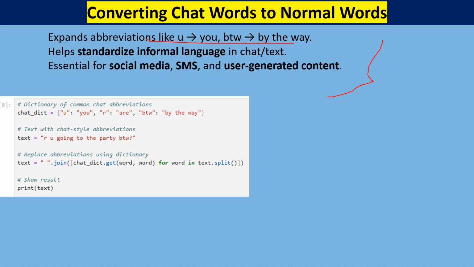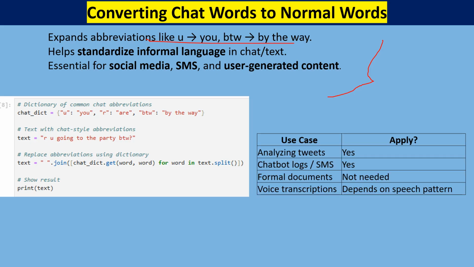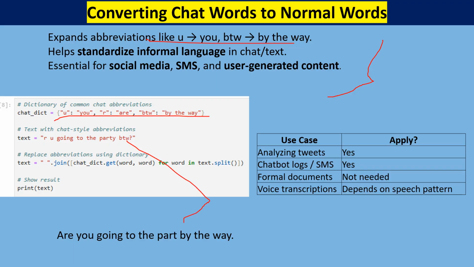Why does this matter? It improves accuracy in sentiment analysis, intent detection, and text classification. It reduces semantic ambiguity and increases vocabulary consistency. So, btw becomes by the way, u becomes you, and r becomes are.